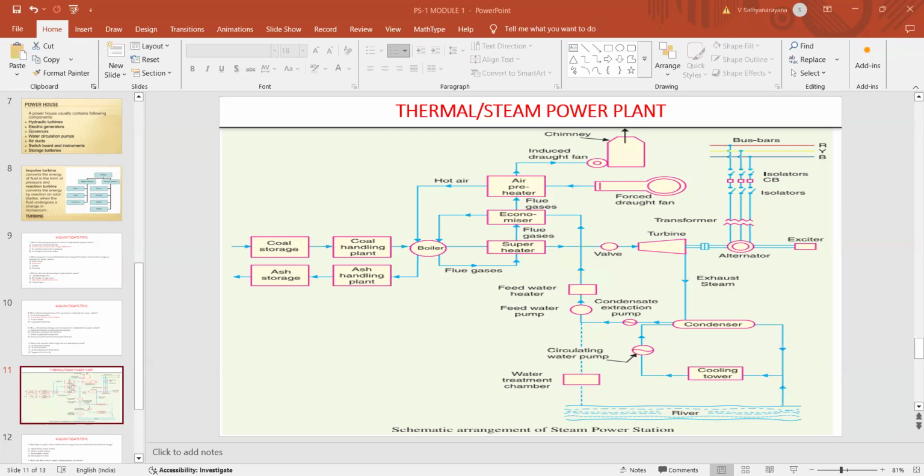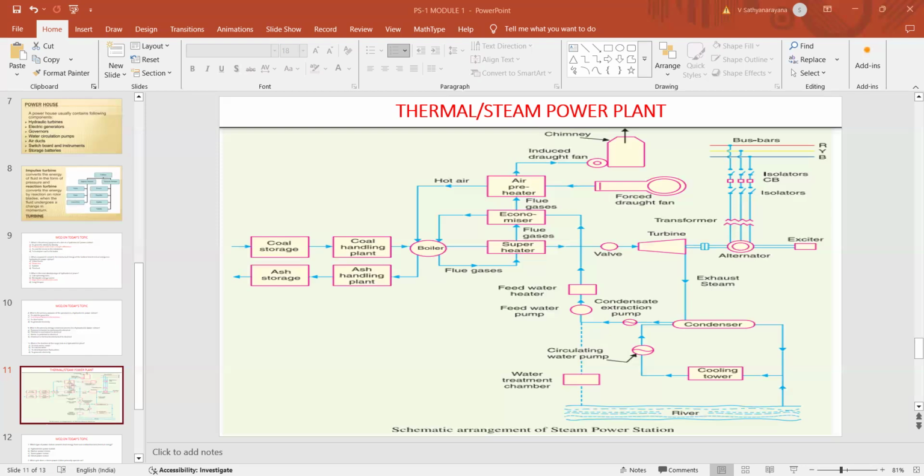Right. Already the coal which is transported from the coal mines is getting stored in the first block, that is coal storage. After storing, this coal will be transferred to the coal handling plant.